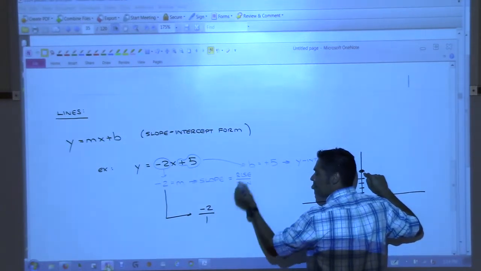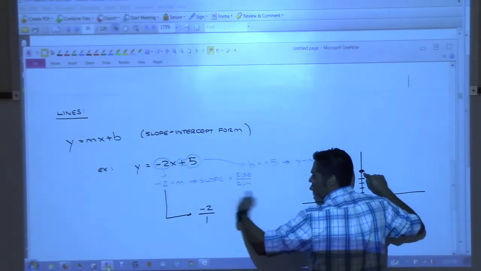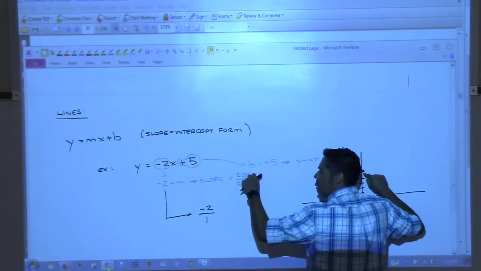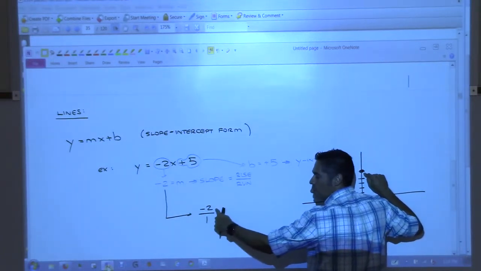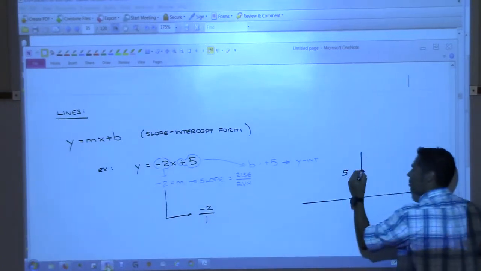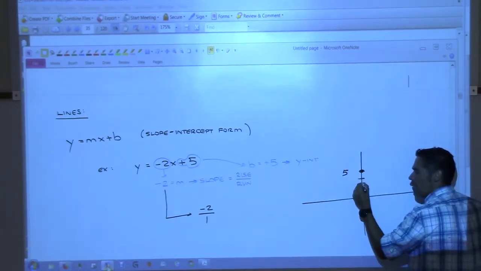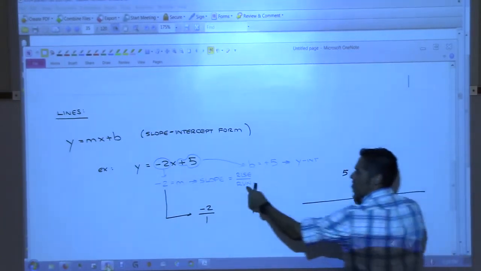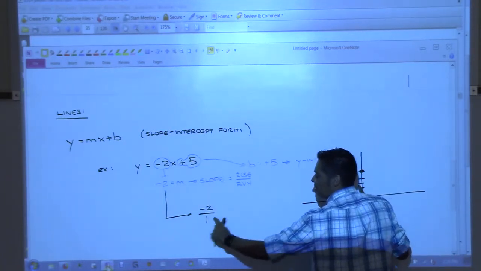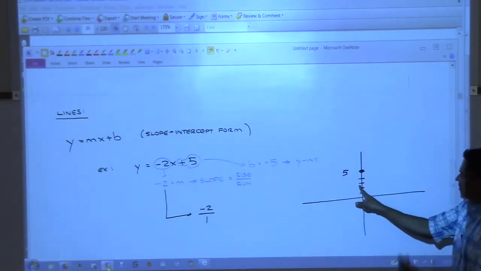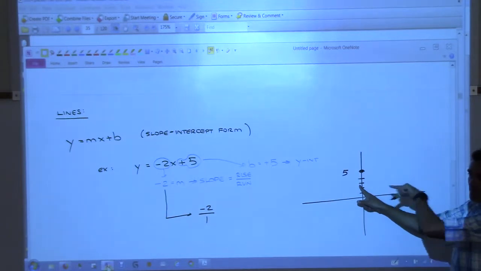So rise is the up and down, and the run is the left and right. So if I tell you, hey, go up by negative 2, you're actually going to do what? You're going to go down 2. So I need to move down 2, and then I need to run, which is left and right, by 1. And which direction is that? Right. To the right. So if it's positive, you go to the right. If it's negative, you go to the left.